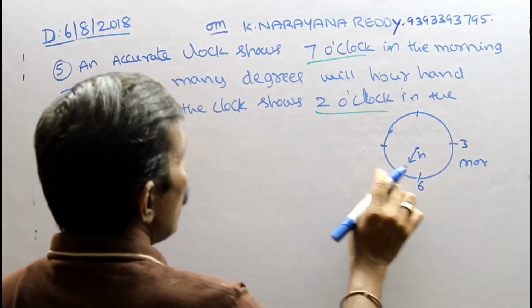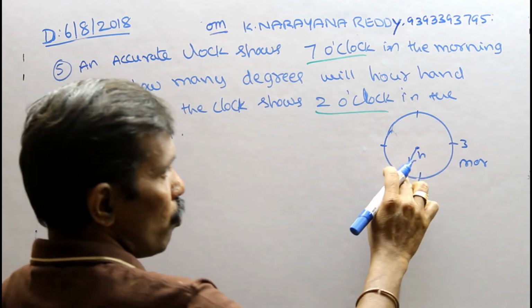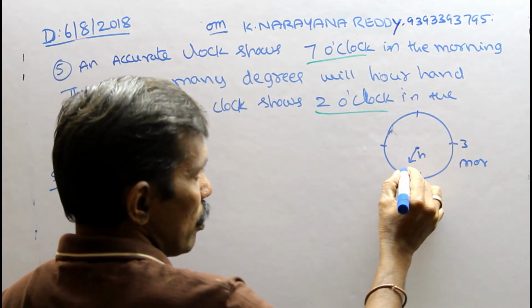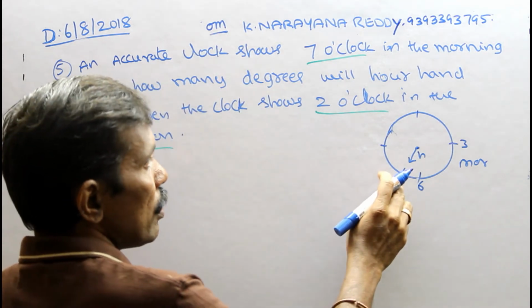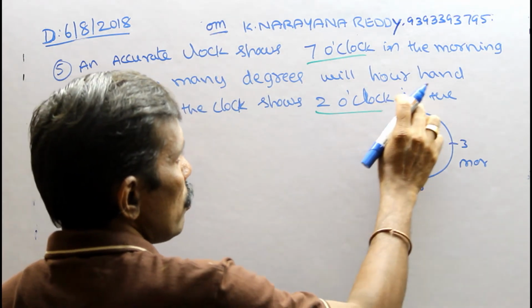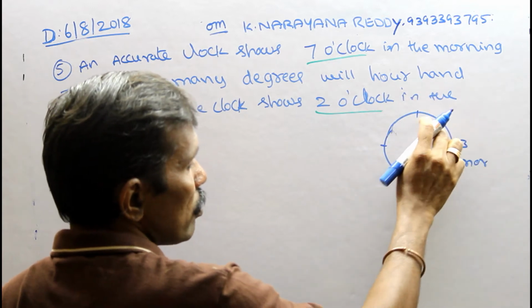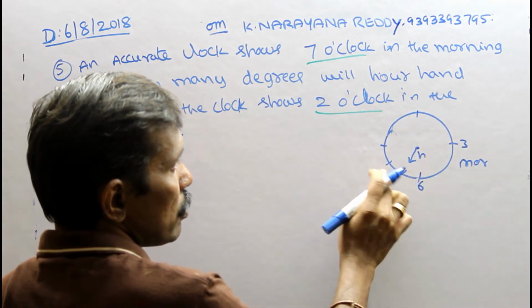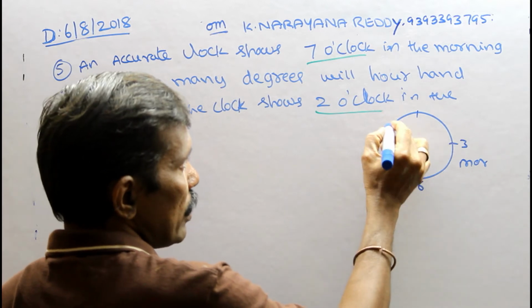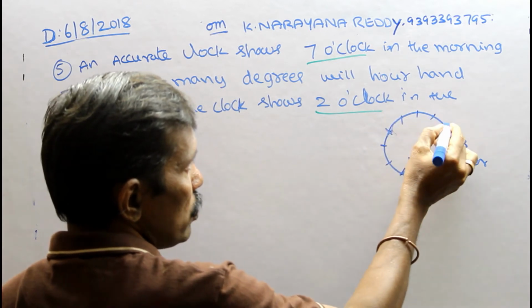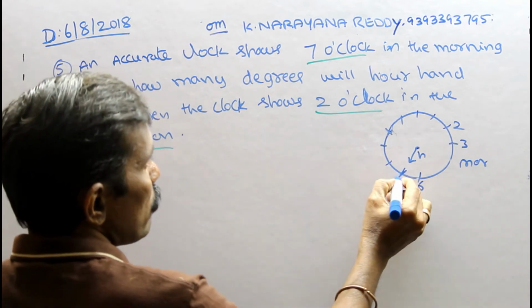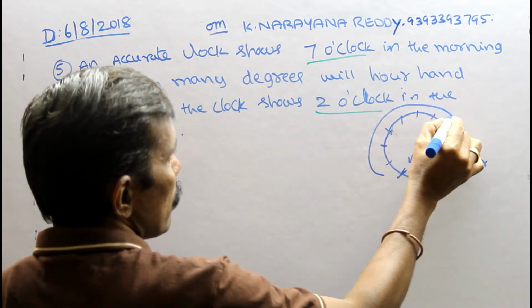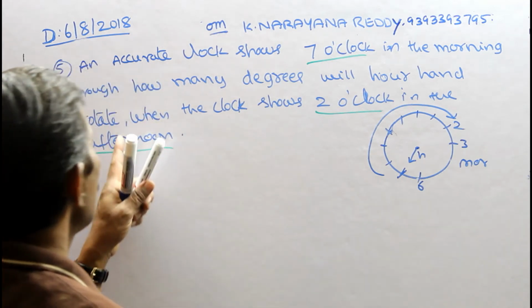Okay. Afternoon 2 o'clock, so one revolution is over. Afternoon 2 o'clock means what? It is completed to here: 8, 9, 10, 11, 12, 1, 2. So from here to here, that is what you have to find out.